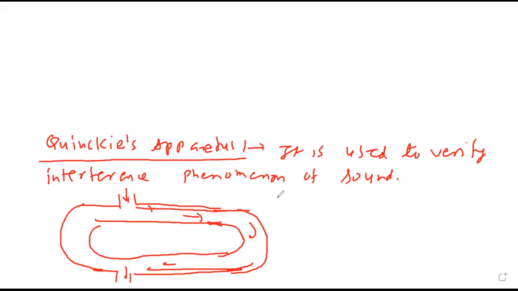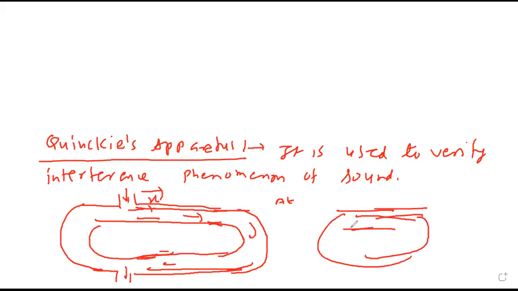Now, when this tube is pulled ahead by X, both sides will get pulled ahead by X. The diagram is there. This is the outer tube, and this is the inner tube, which can be moved to and fro.